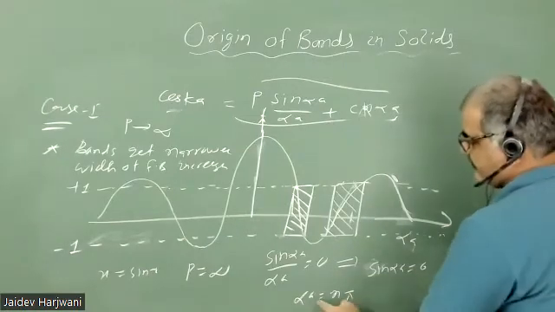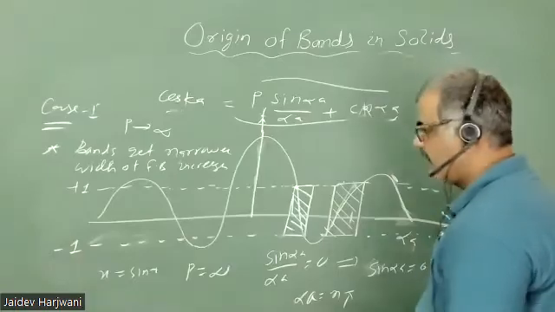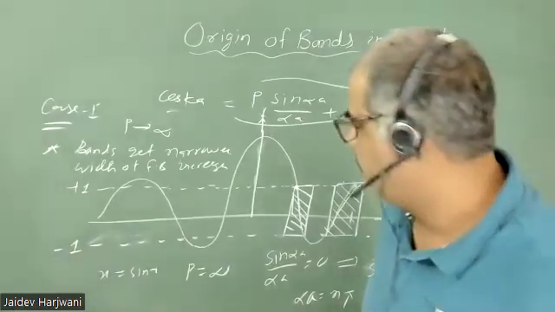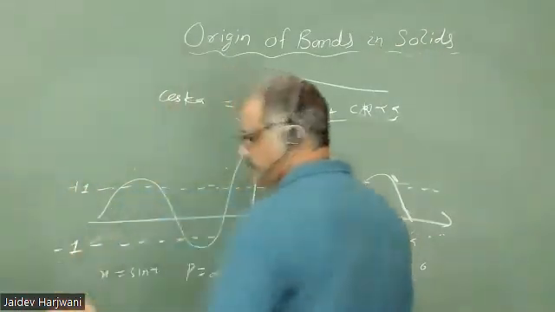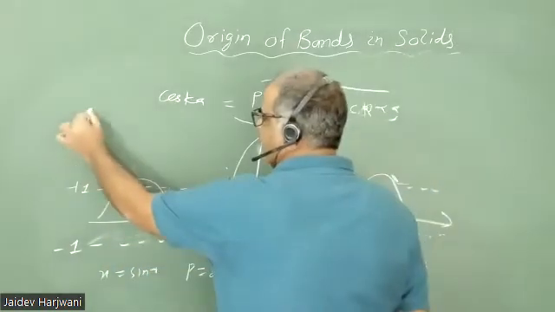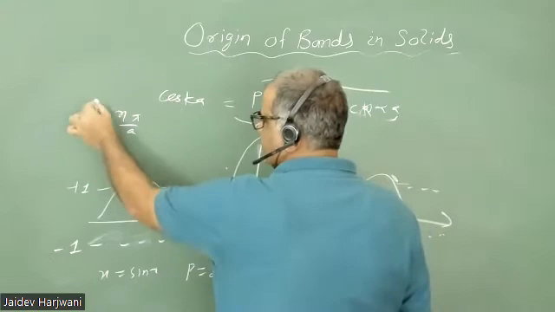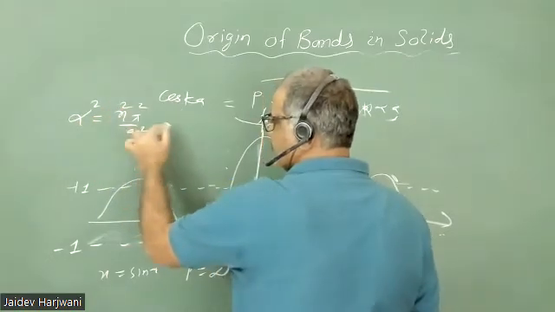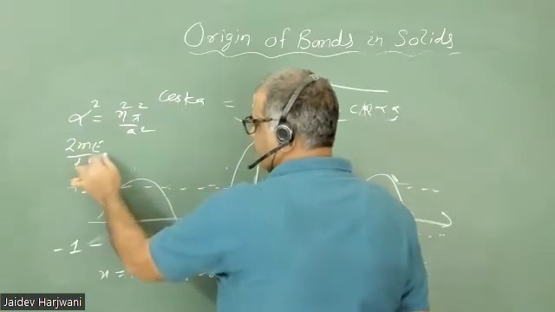Can you see this? Alpha A equals n pi. If alpha is n pi by A, and I know what alpha is, alpha square is n square pi square by A square, and this is 2mE upon h cut square.